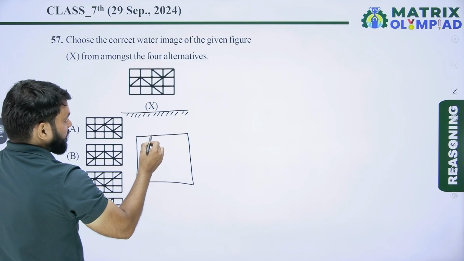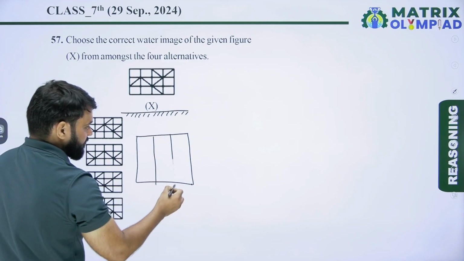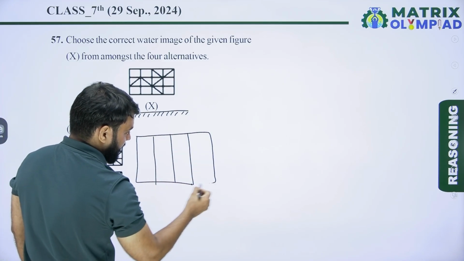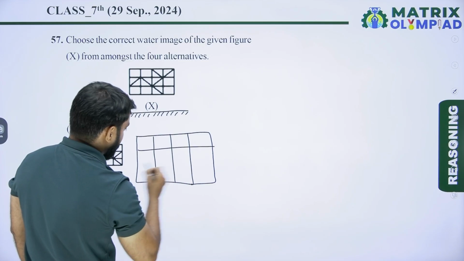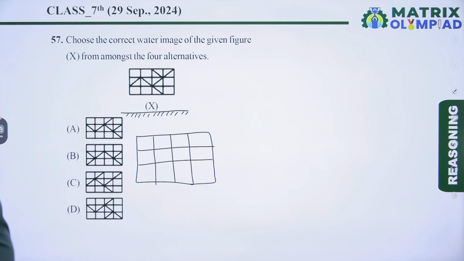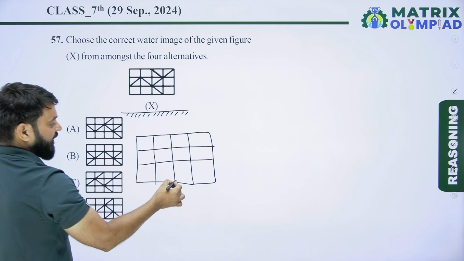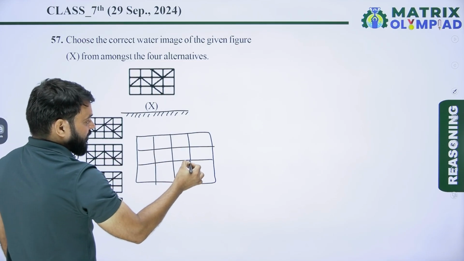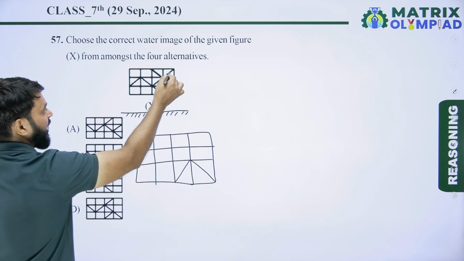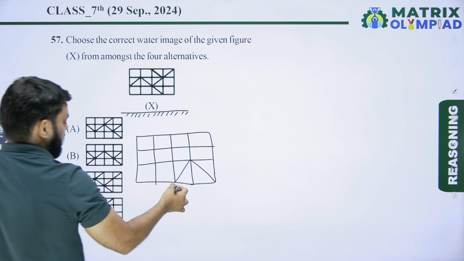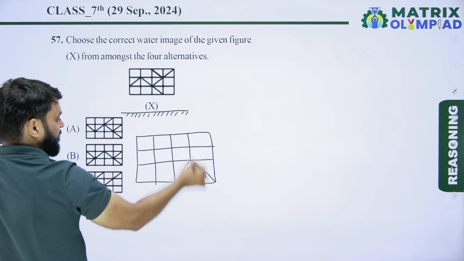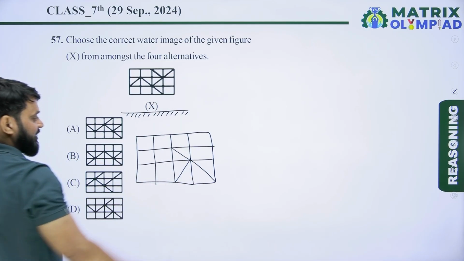Now find the water image of this line. So this line in the water looks like this, and this line looks like this.